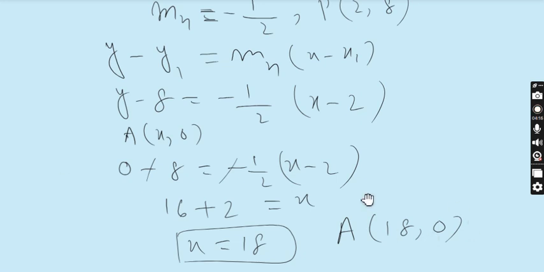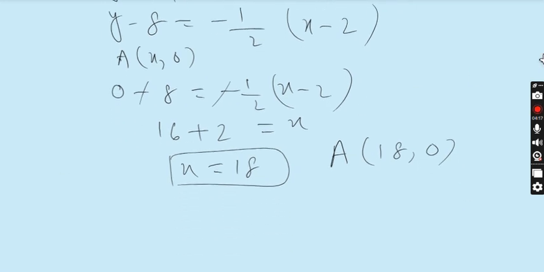Now find the coordinates of B. So B cuts the y-axis. It means the coordinate of B must be (0, y). So y minus 8 equals minus 1 upon 2 times x, where x is 0, 0 minus 2.